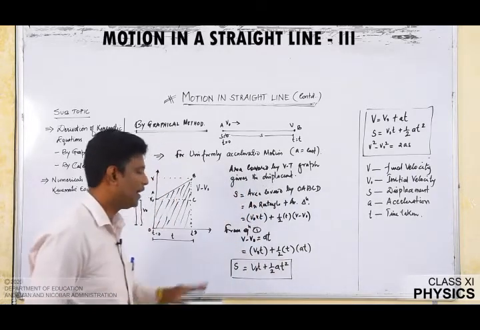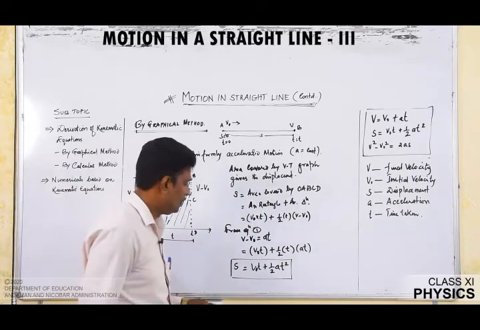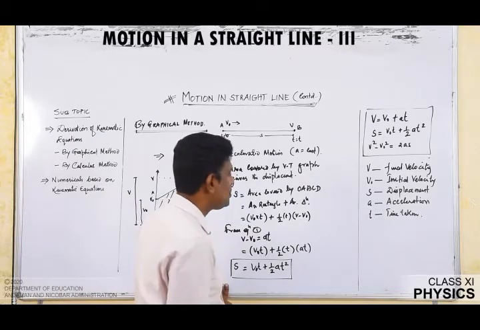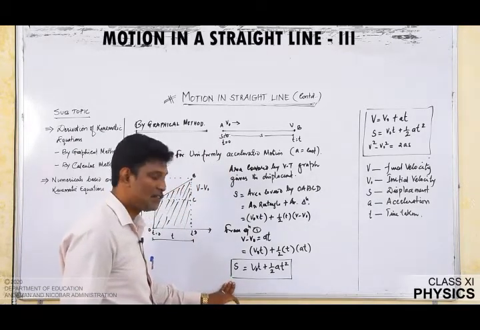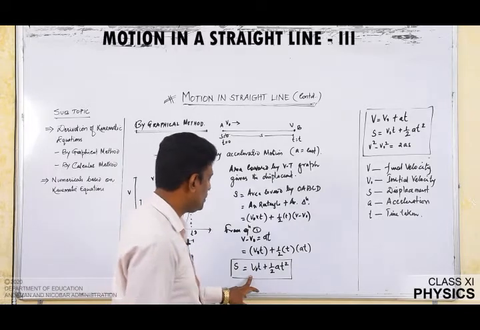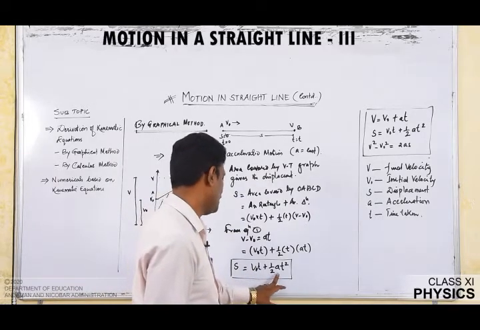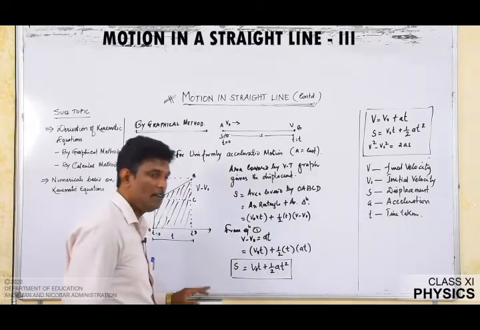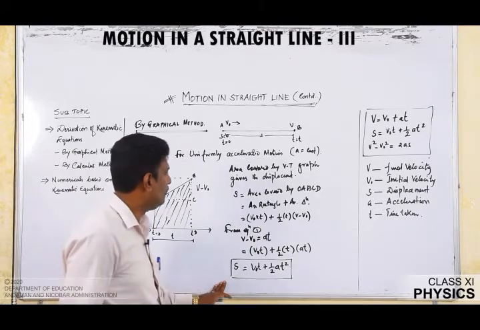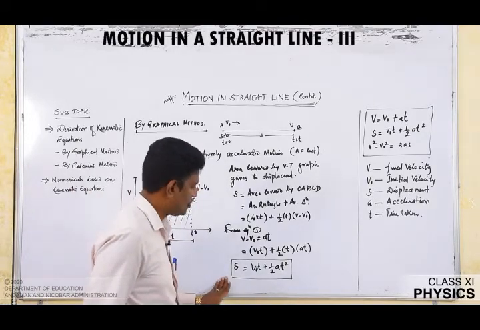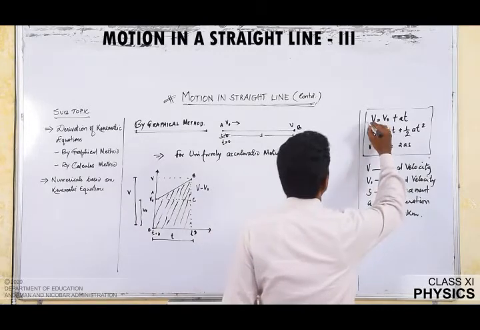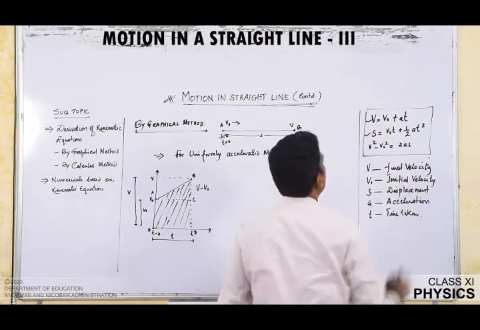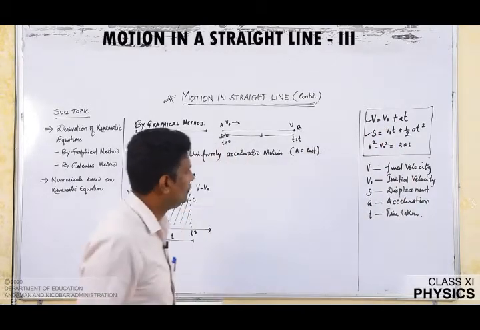This is the second equation we have arrived. This equation is related to the distance, initial velocity, time and acceleration. In this equation, we are not having the term final velocity. We have derived the two equations and we shall go for the third equation.